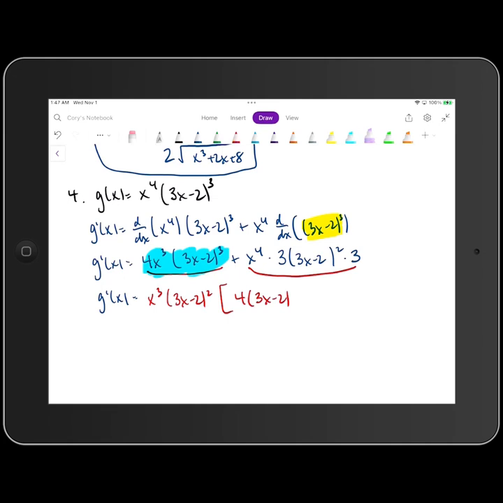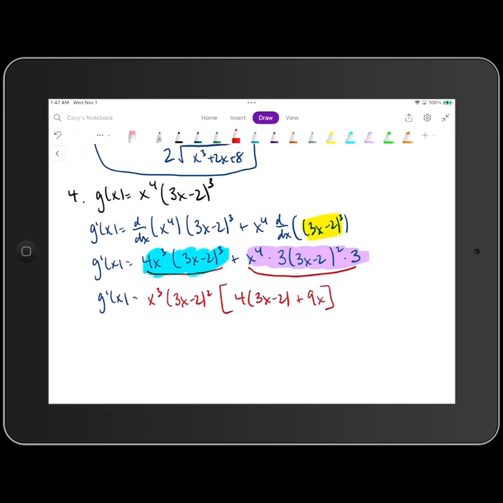Okay, when we do the same thing for this over here, when I factor out x cubed and 3x minus 2 squared, what are my leftover factors? We have a positive 9 and a factor of x.